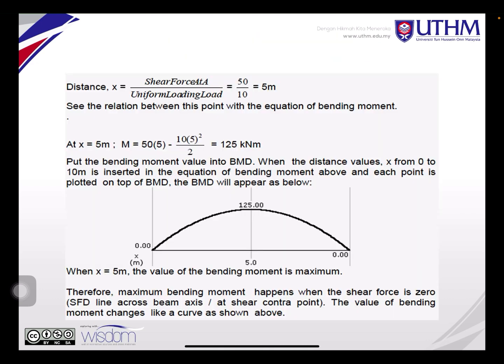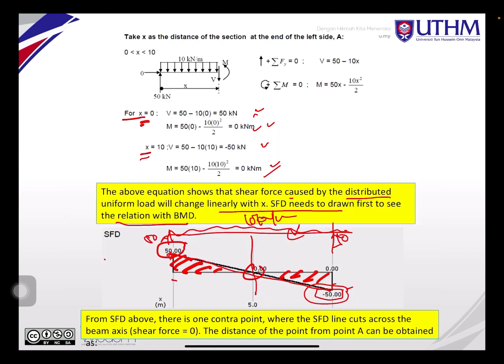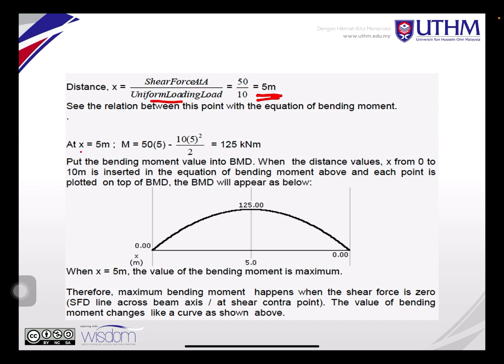The distance x where shear force is zero is 50 over 10, which is 5 meters. See the relations with the bending moment equation. You key in x equal to 5.